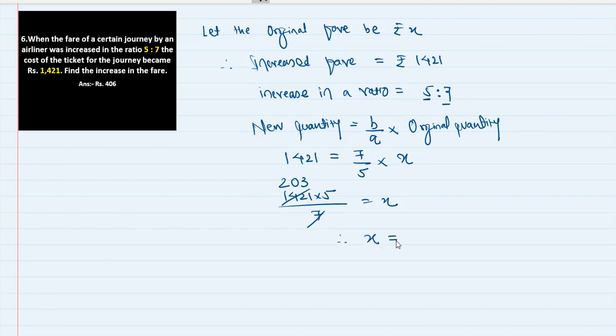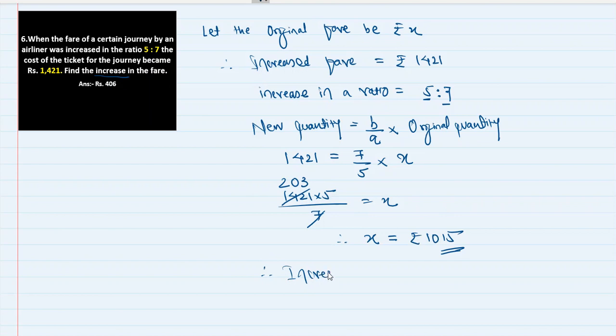So X is equal to 203 times 5. Oh, no, they have to find the increase in fare, so this answer is correct. 200 fives are 1000, and 5 threes are 15. So rupees 1015. This is the original fare.